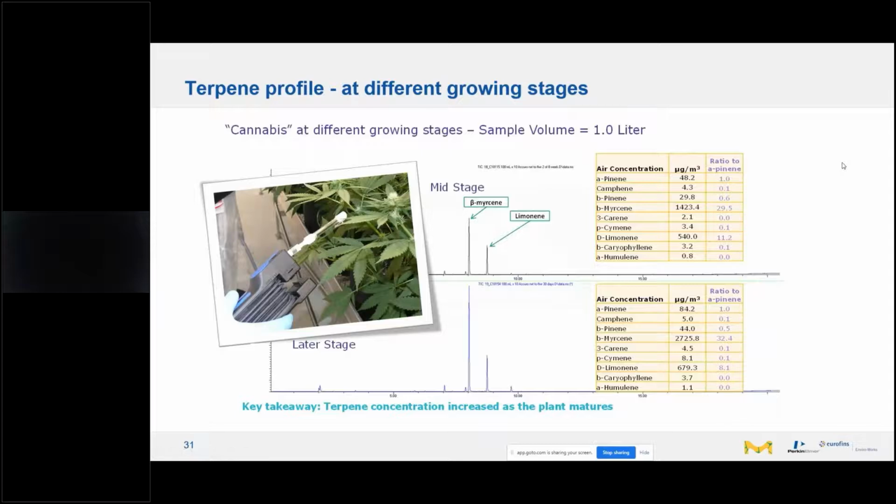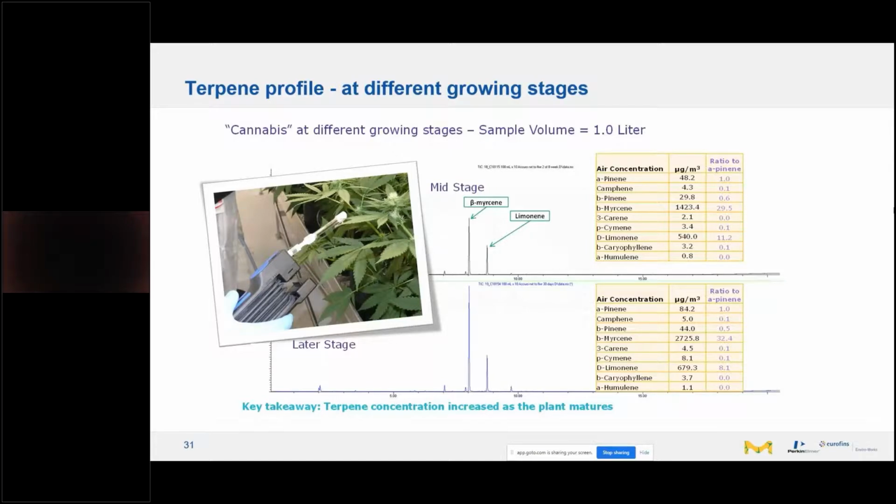Here is terpene profiling of the same plants at different growing stages. We thought this was an interesting experiment to take. 1 liter of sample, and we see an increase in myrcene air concentration from a mid-stage point in the growing process, and then comparing it to a later stage point.